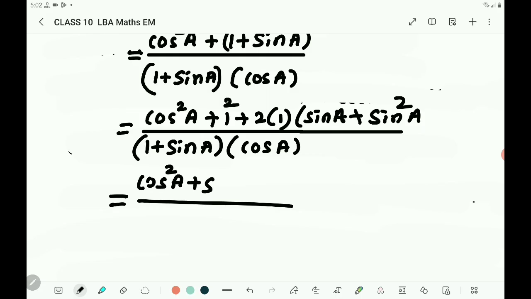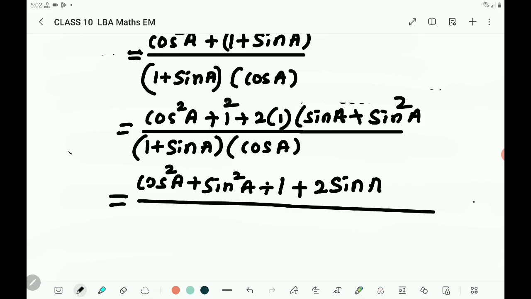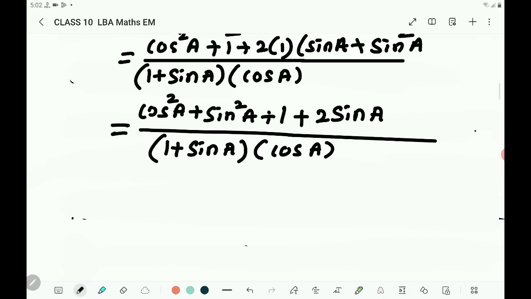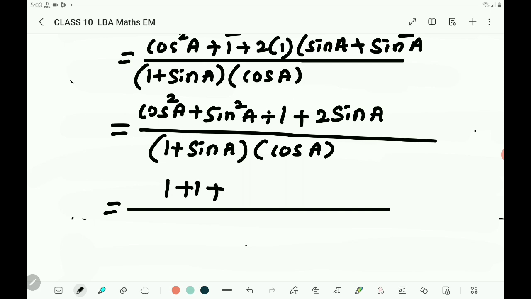Cos square A plus sin square A. 1 square is 1, plus 2 into 1 into sin A is 2 sin A. Write the denominator as it is, (1 plus sin A) into cos A, equals cos square A plus sin square A is 1, and plus 1, plus 2 sin A.